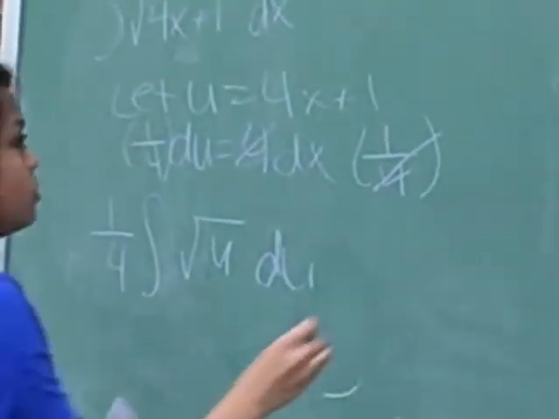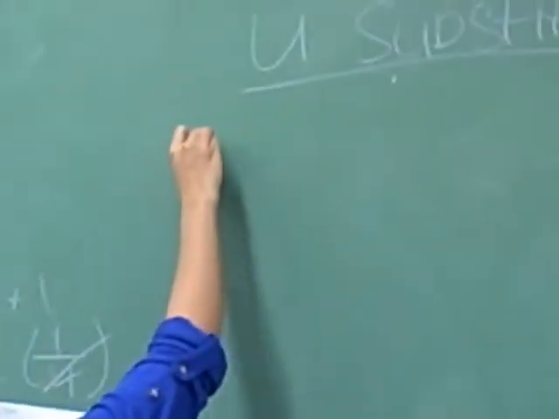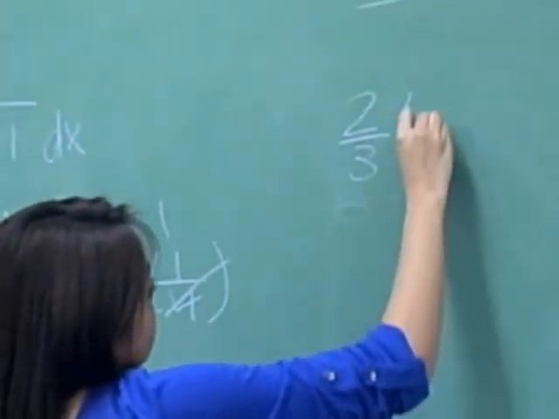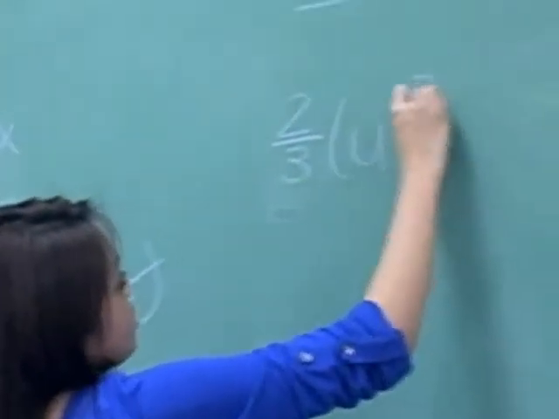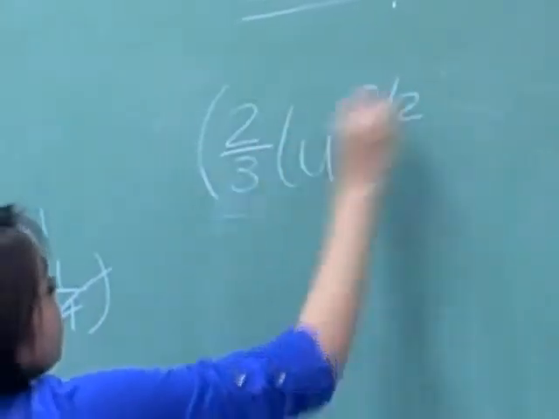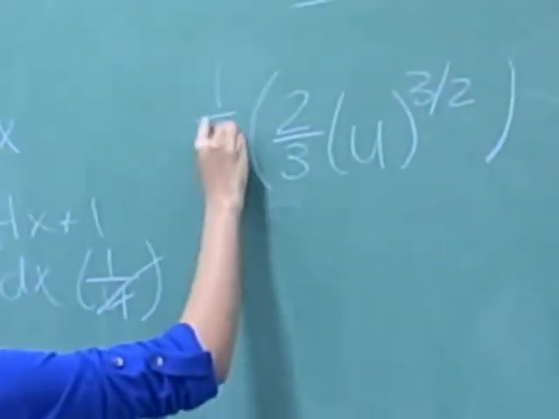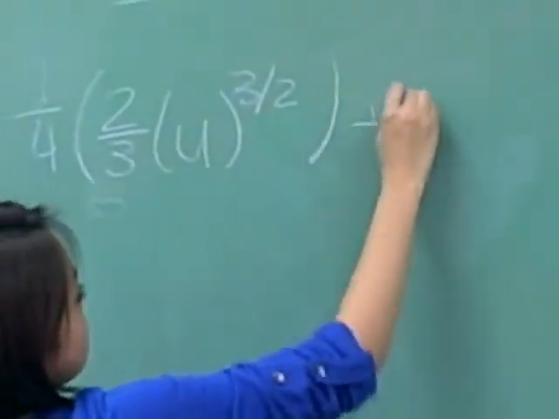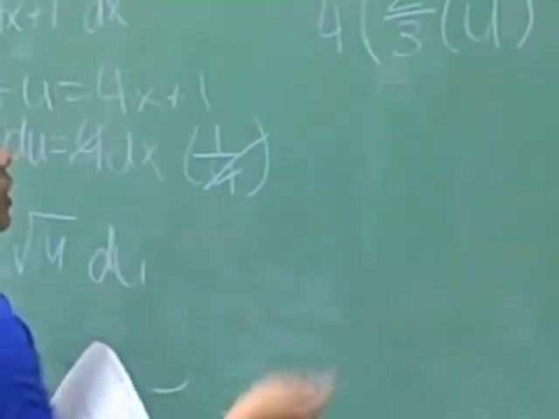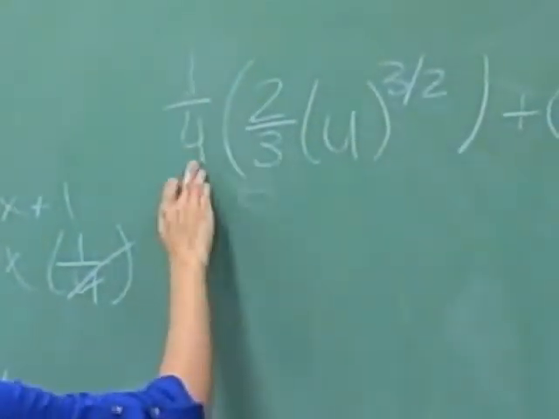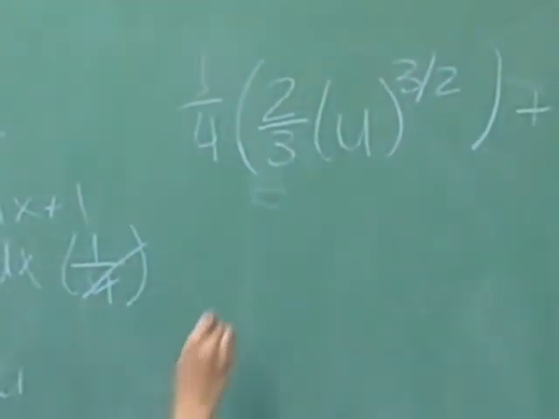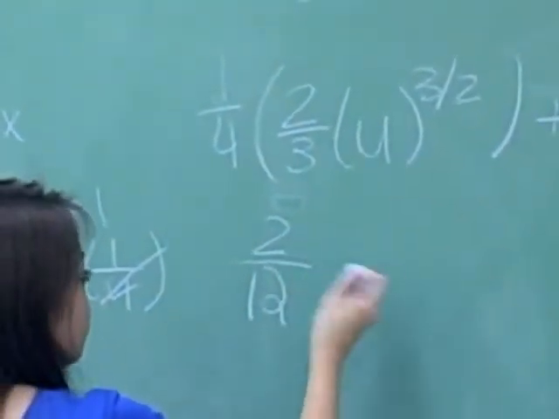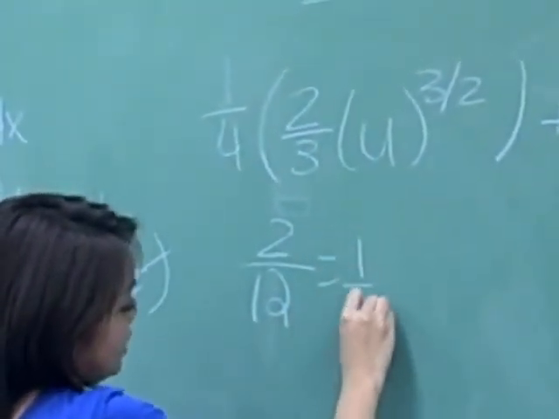So when we do that out, we have to take the antiderivative of the square root of u. So we would get 2/3 times u to the 3/2. And don't forget to multiply that by 1/4. And since we have no bounds, plus c. 1/4 times 2/3 is 2 over 12, which is 1/6.